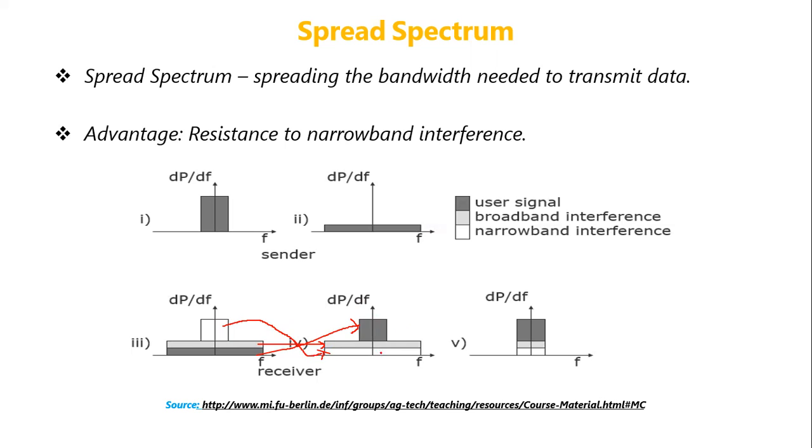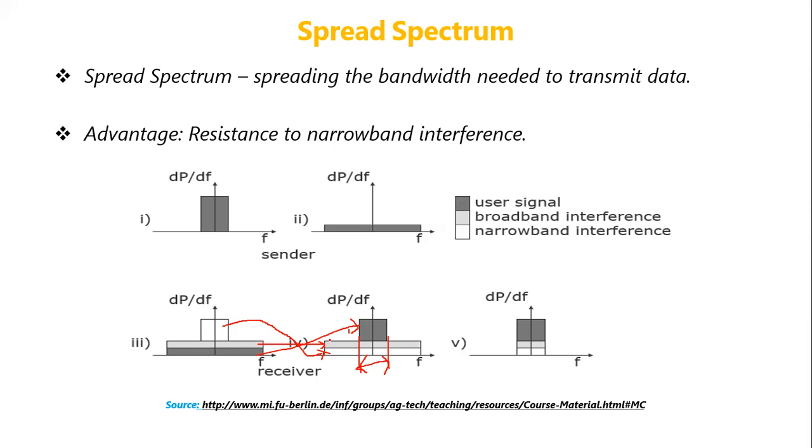Then the receiver will pass this signal through a band pass filter. A band pass filter is one which allows a range of frequencies. Using the band pass filter, the receiver will make sure that the filter passes the signal that lies only within this frequency.